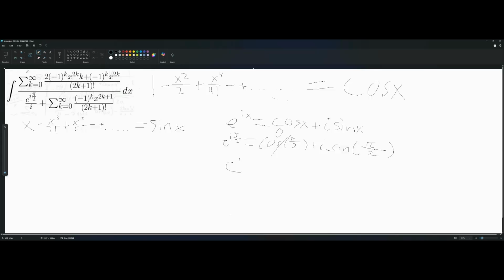So we get that e to the i pi over 2 is just equal to i, because sine of pi over 2 is just equal to 1. And now we divide each side by i, and we get that e to the i pi over 2 divided by i is just equal to 1. Wow, let's write that up here.